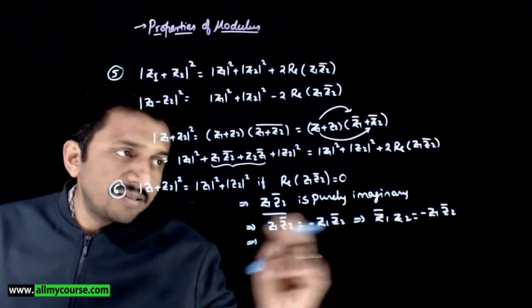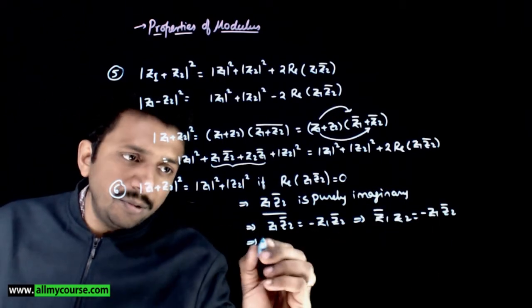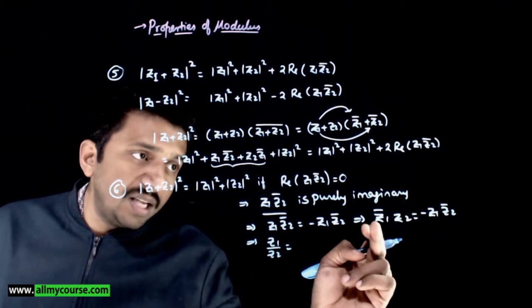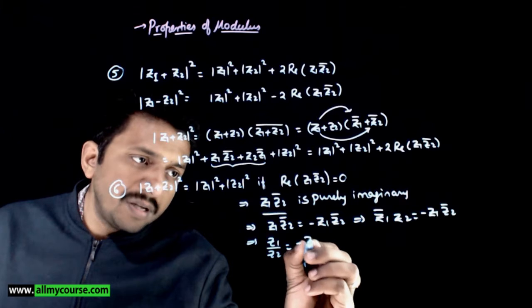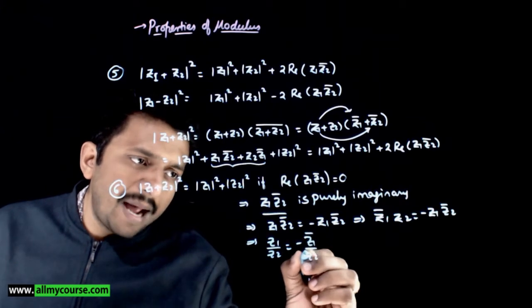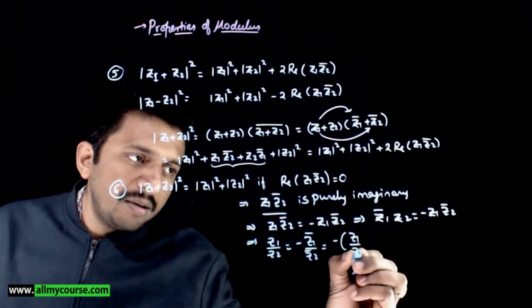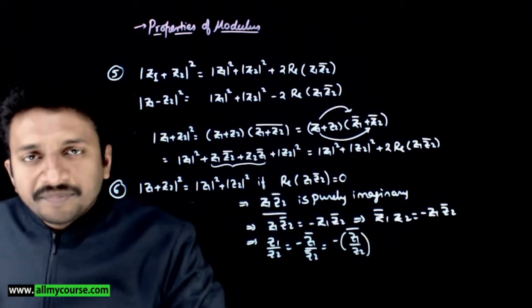And that implies z1 by z2 is equal to minus of z1 bar by z2 bar, which is nothing but minus of z1 by z2 whole bar.